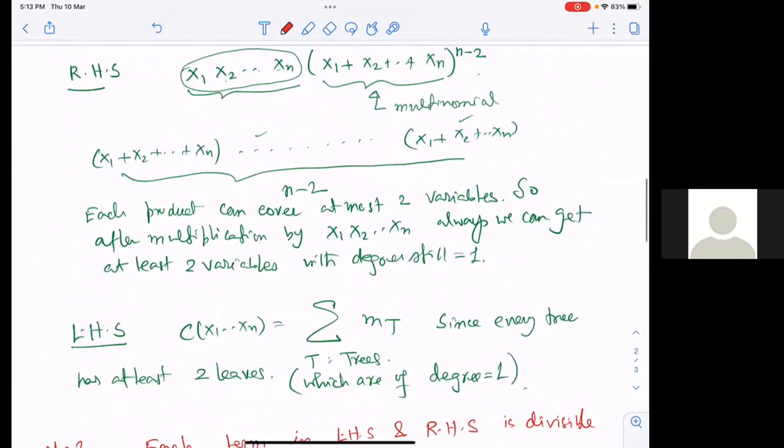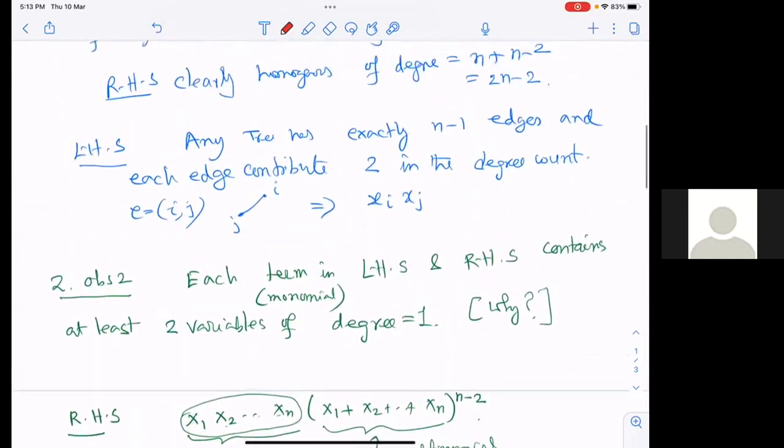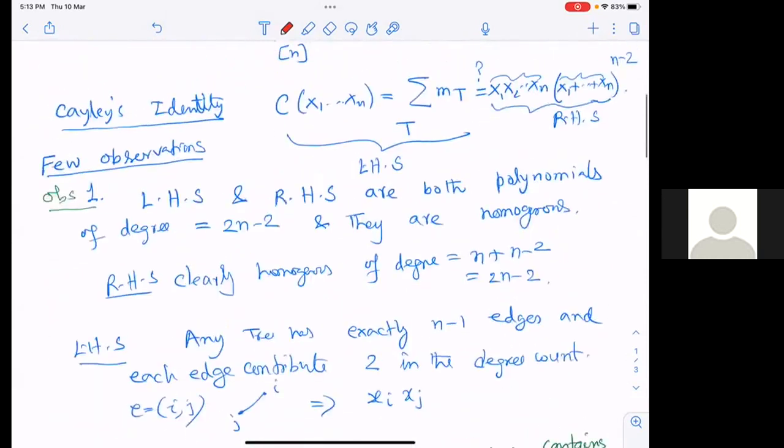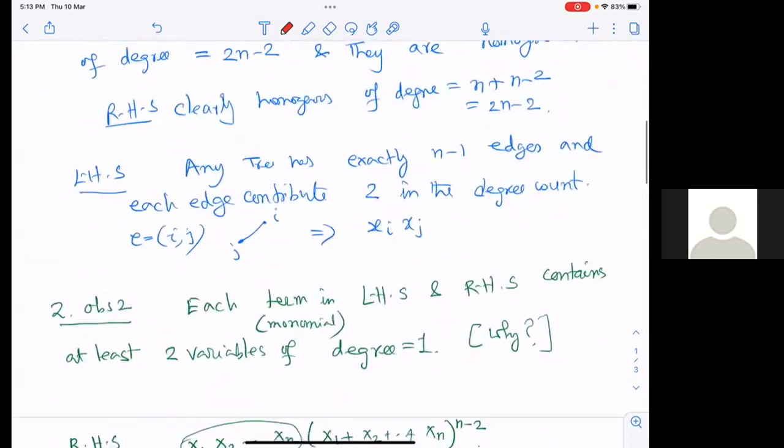That's kind of obvious because by definition RHS is divisible by x1 to xn, and LHS is also divisible by x1 to xn, because if you take every monomial for a tree, these variables are present, right? x1 to xn. So that's it. So these are the 3 properties.